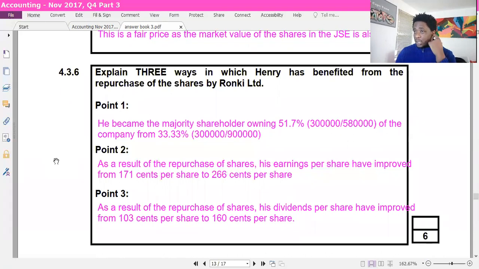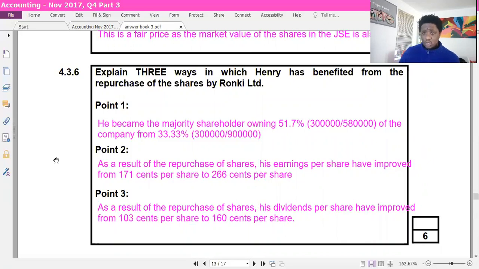And then the second point, as a result of the repurchase of shares, his earnings per share have improved from 171 cents per share to 266 cents per share. And then thirdly, as a result of the repurchase of shares, his dividends per share have improved from 103 cents per share to 160 cents per share.